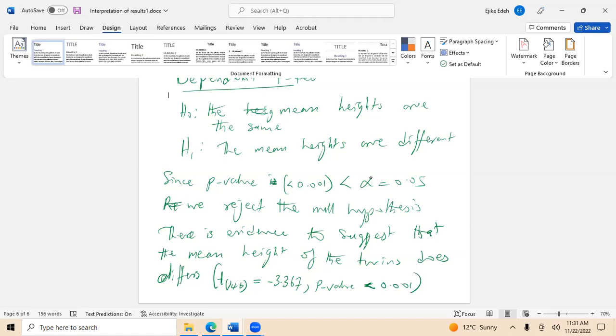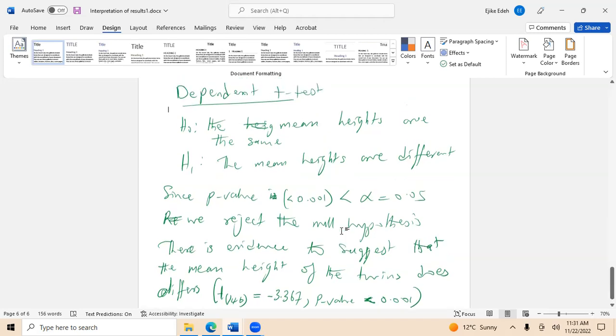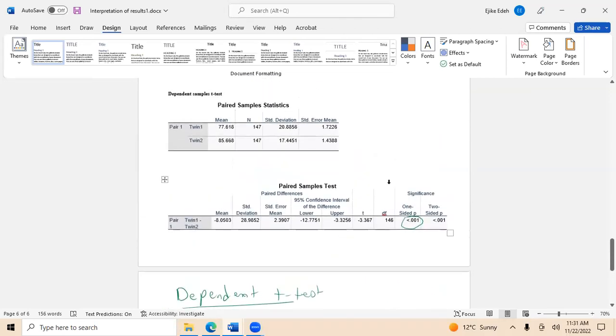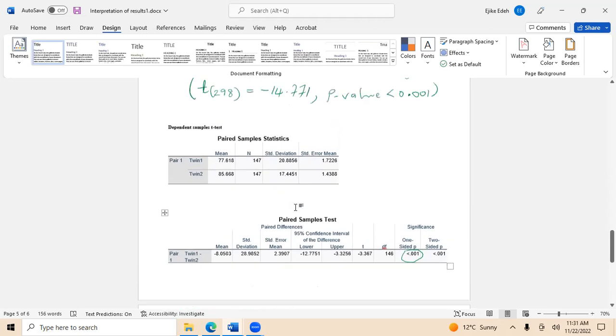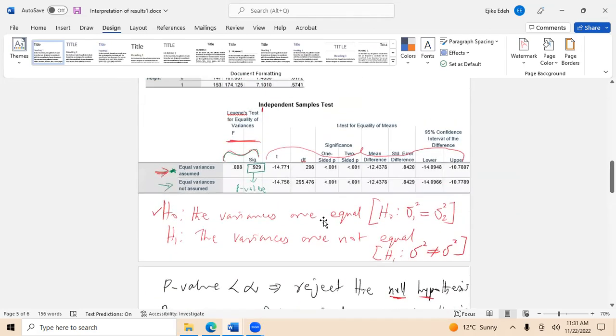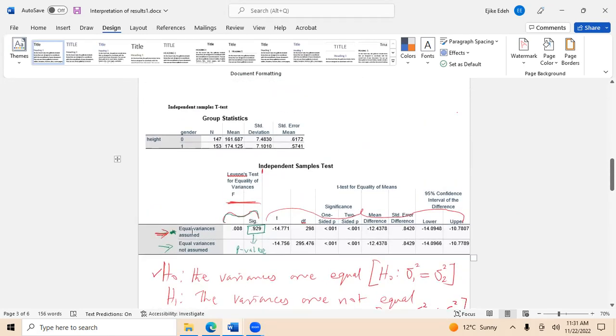right? So essentially the way you interpret the independent and the dependent are really the same, right? But the difference is that when you're picking up your value, you pay attention to which one to use. In the paired sample t-test, or the matched pair or the dependent sample t-test, you just have one output because they are paired. But in the independent sample, you pay attention to whether the variances are equal or not, okay?